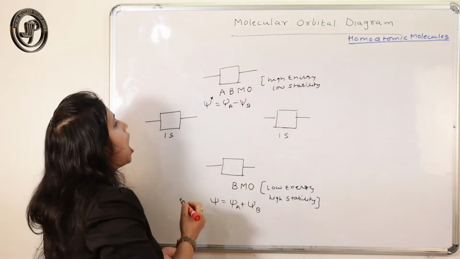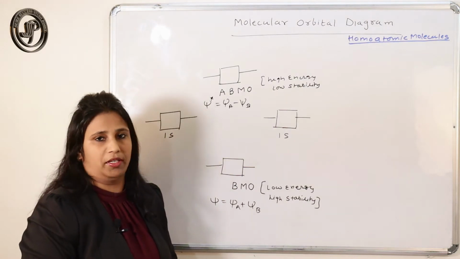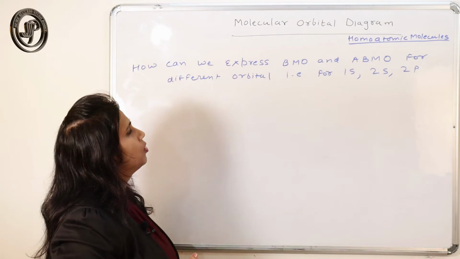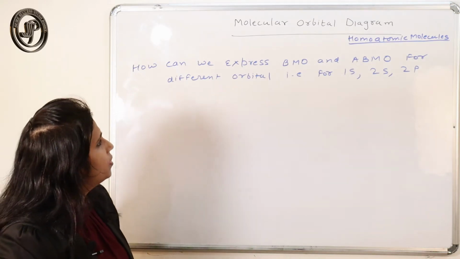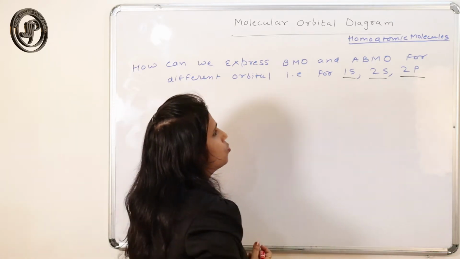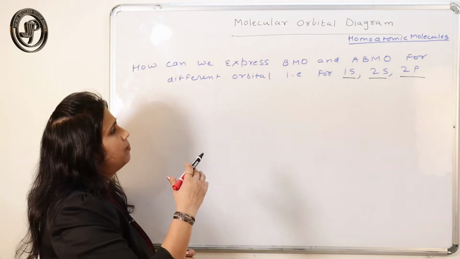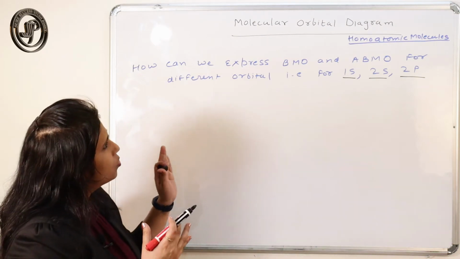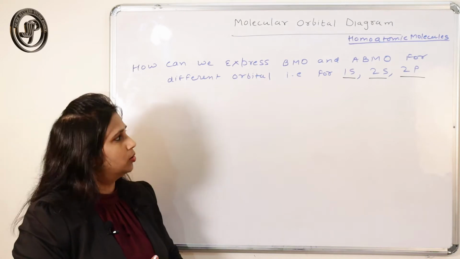The word star is generally used for the anti-bonding. So how can we express the bonding and anti-bonding molecular orbitals for different atomic orbitals, 1s, 2s and 2p? Beyond 2p is not in your course, so you only have to study the molecular orbital diagram up to 2p orbitals.